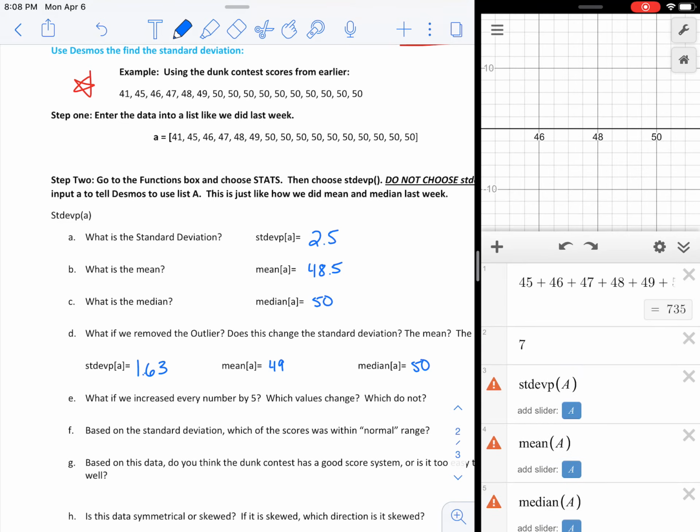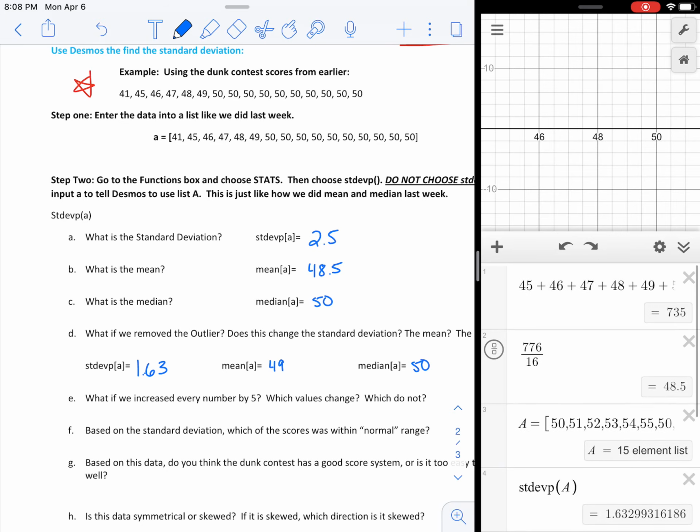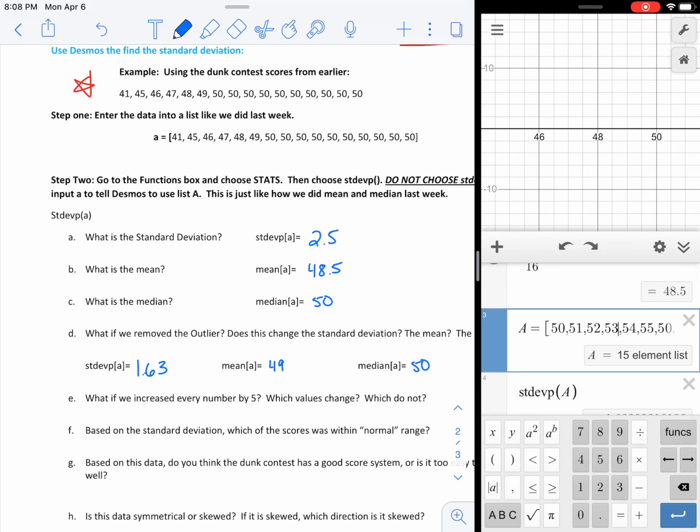I forgot I have the back button. There we go. I forgot the left and right arrows will change that. Okay, 55, 55, 55. Almost done.